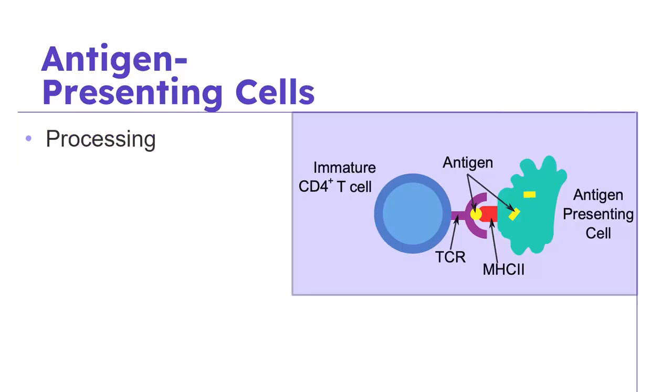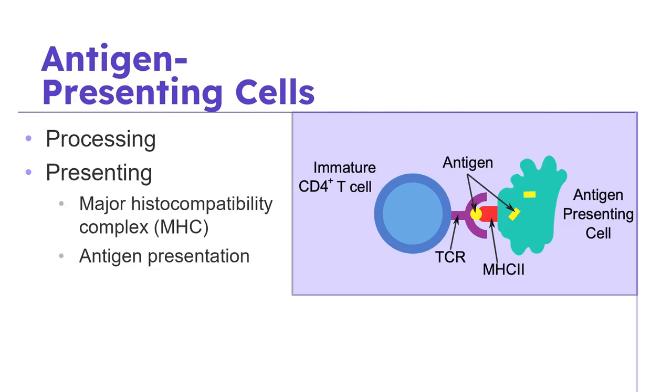These cells internalize pathogen antigens and break them down into smaller pieces in a process known as antigen processing. They then regurgitate these antigen fragments to the cell surface alongside a special antigen-presenting protein known as an MHC, or major histocompatibility complex. This process is known as antigen presentation. The T cells bind to the presented antigens and become activated.